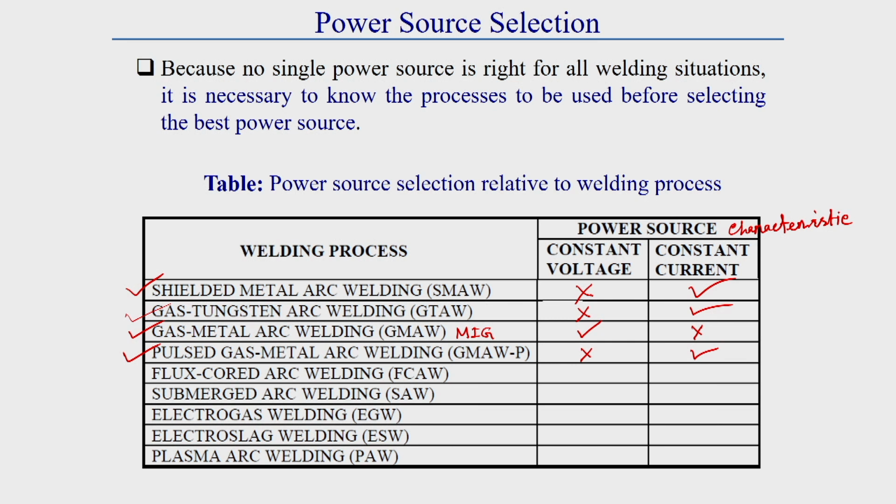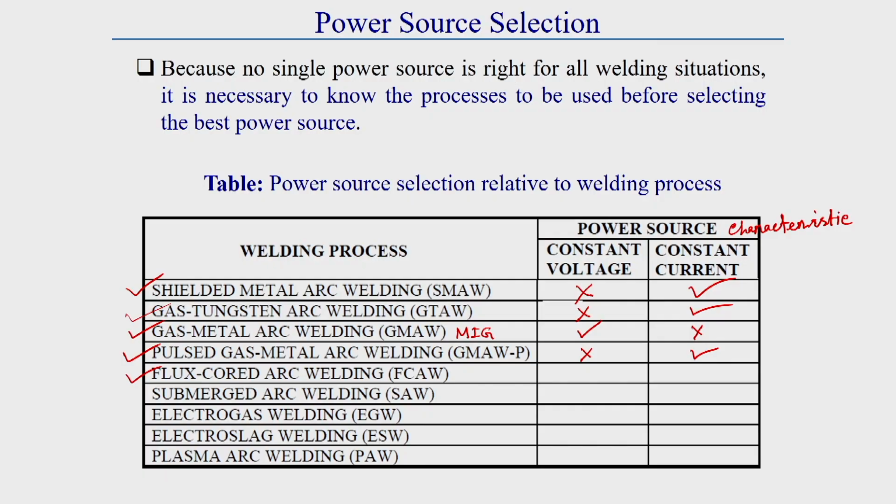Then the flux core arc welding process is also a consumable arc welding process. The flux is inside the electrode, that means a metal core is available outside, and inside that metal core the flux is put. So, flux core arc welding is a consumable automatic welding process.